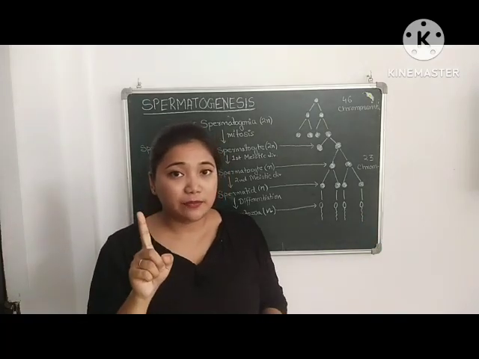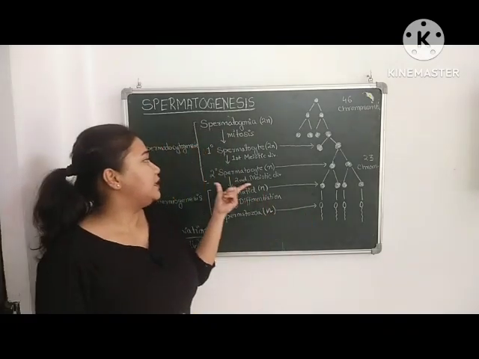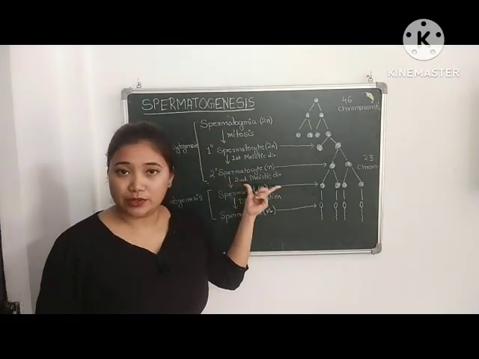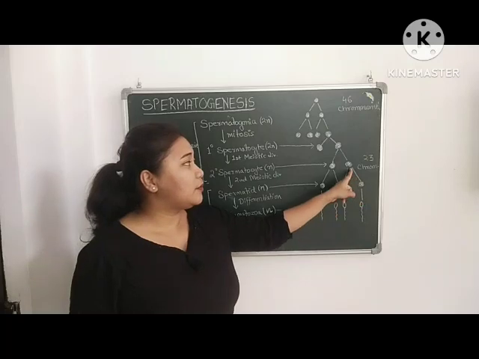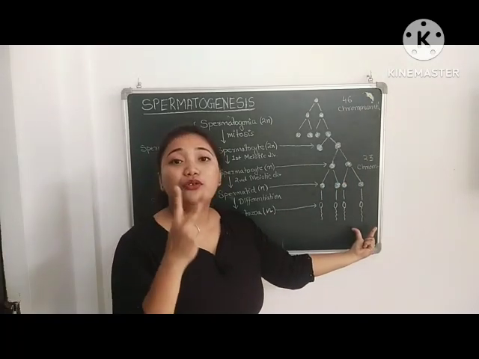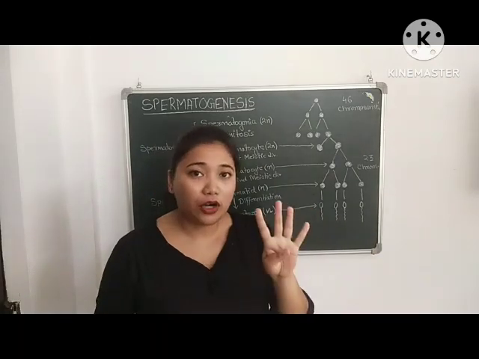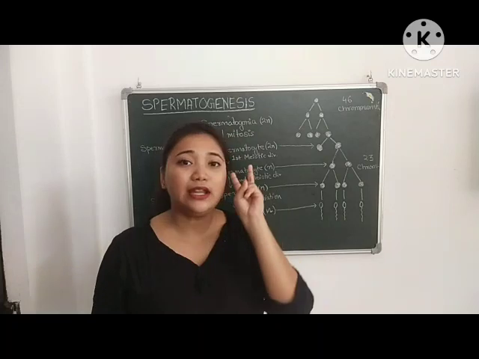Similarly, from one secondary spermatocyte, we get 2 spermatozoa. Okay, so primary 4 and from secondary we get 2.